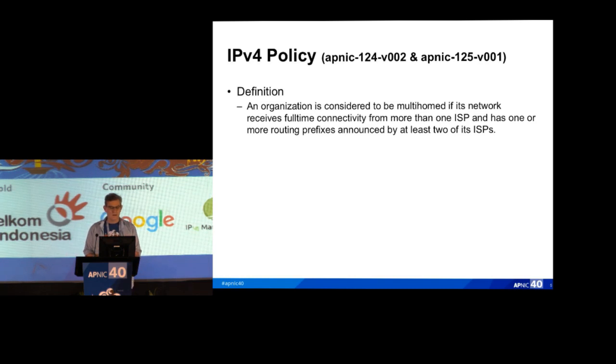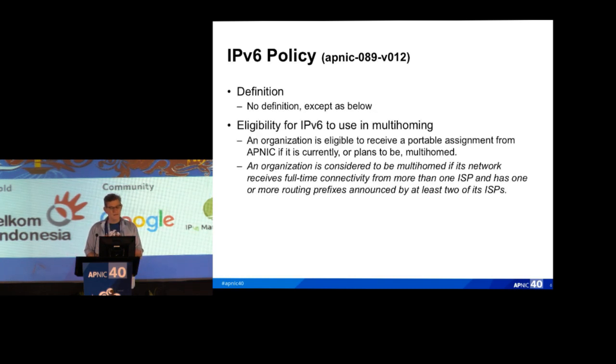So that's in the old V4 document. In the V6 document, there was no definition at all. However, it has a definition buried in the eligibility criteria, which is very similar to the V4 one. And so in version 1 of our policy manual, it's still messy like that.